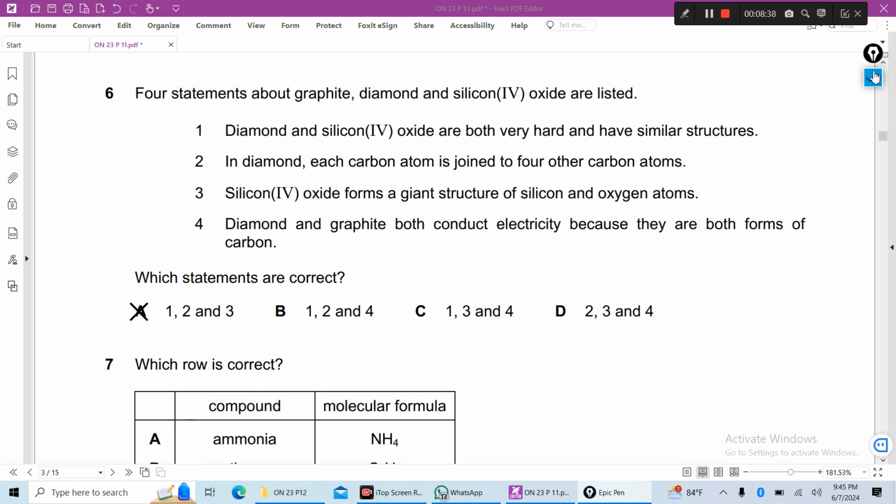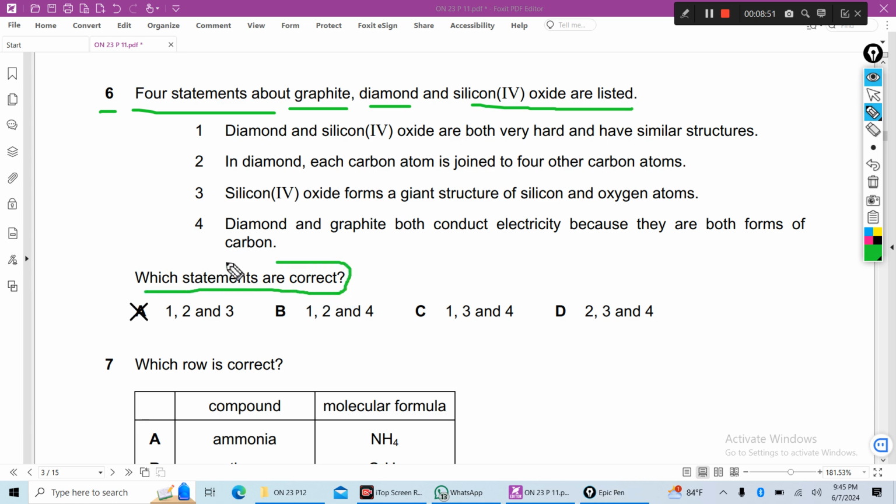Then number 4. 4 statements about graphite, diamond and silicon(IV) oxide are listed. So which statements are correct? You see number 1 is correct because diamond and silicon(IV) oxide are both very hard and have similar structure, because diamond is a tetrahedral giant covalent and silicon dioxide is also tetrahedral giant covalent and they are very hard.